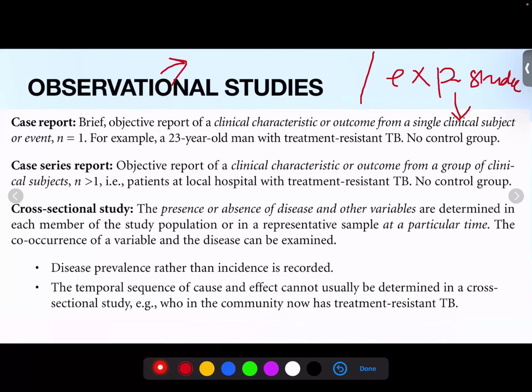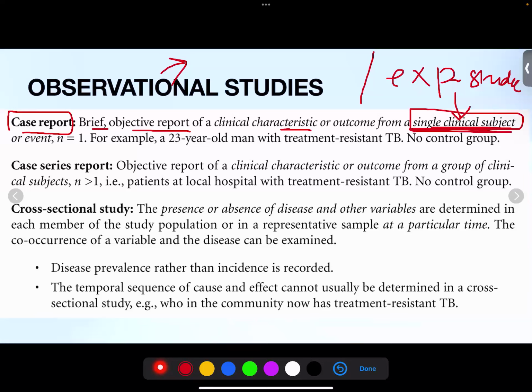So the case report is of a single subject, n is equal to 1. For example, any man with treatment resistant TB, and there is no control group. You are not comparing that individual with any other individual. So this is about just a single individual.